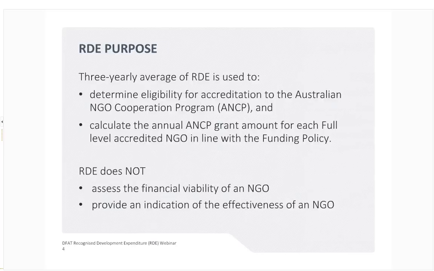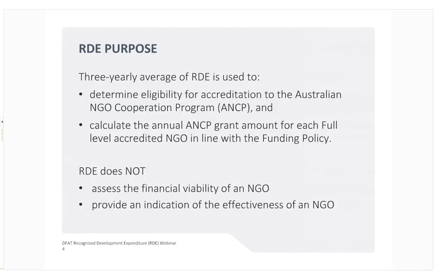As many of you already know, RDE is used principally for two things. One is to determine that you're still eligible for accreditation under the program, so minimum $50,000 for base NGOs and $100,000 for full NGOs. And then we also use it, of course, to calculate the grant amount that each full level accredited NGO will receive under the ANCP in line with the funding policy.